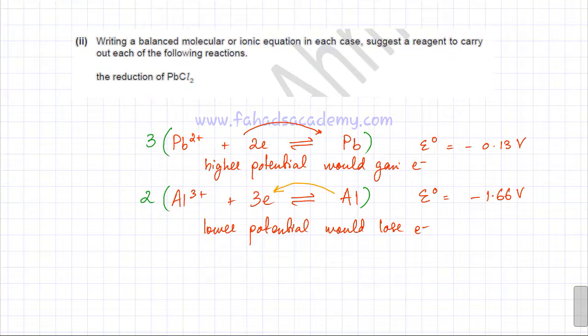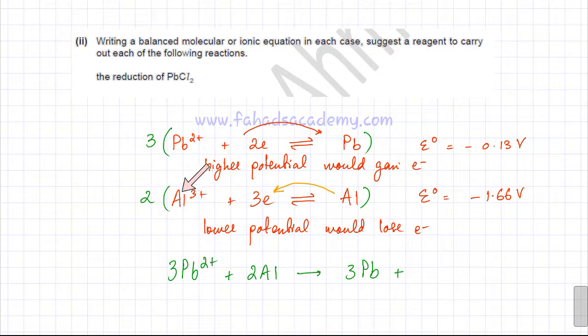For the overall equation, I'm going to combine the two equations, combining the reactants. The reactants in the first equation are lead ions, so that's 3Pb2+ ions. The reactant in the second equation is aluminium atoms, 2 of them, so 2Al. On the product side, from the first reaction the product is lead, 3 Pb atoms, and from the other equation the product is aluminium ions, 2 aluminium ions.